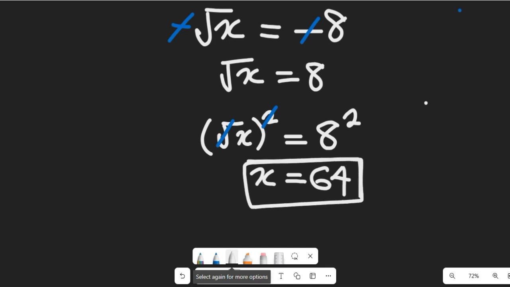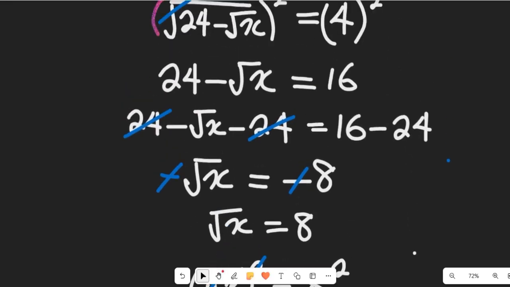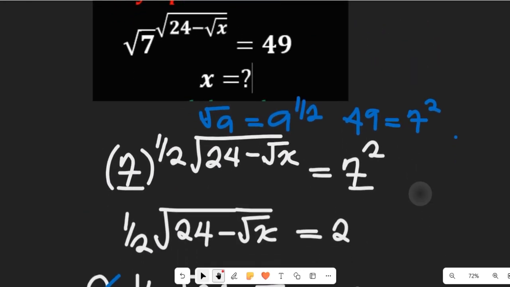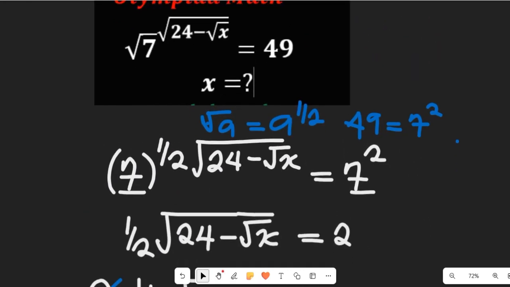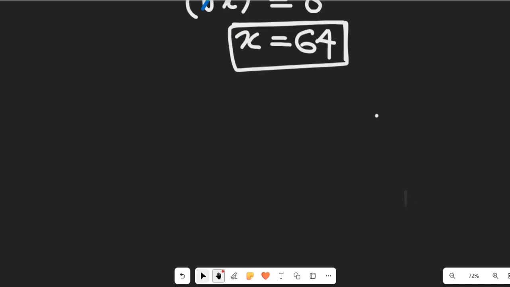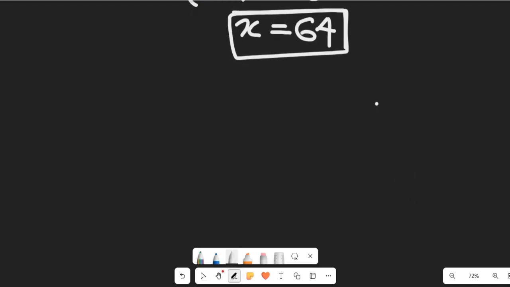So we can check to see if the solution is actually right. Remember the initial question, we're given the square root of 7 to the power of the square root of 24 minus the square root of x. Now if we insert the value of x equal to 64 in that expression, are we going to find the value 49?